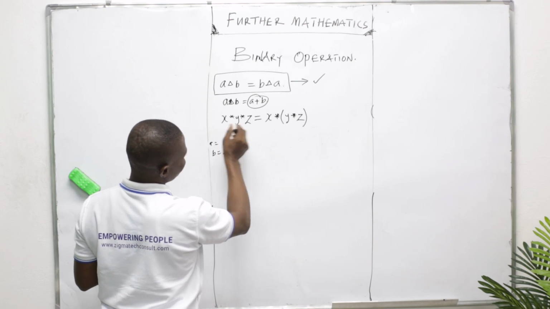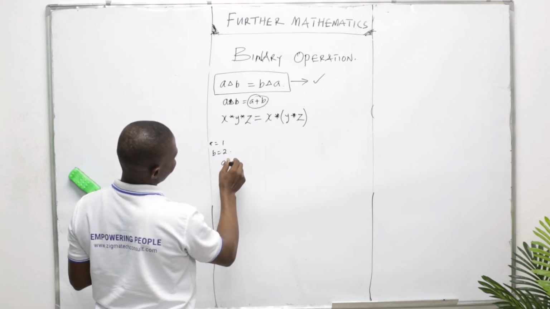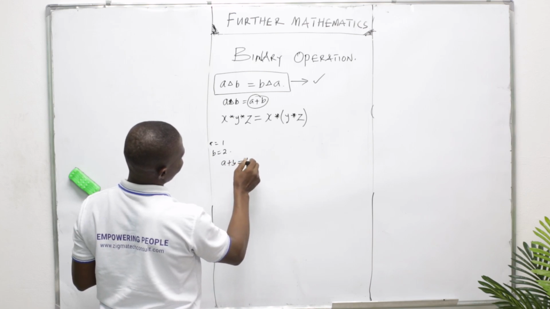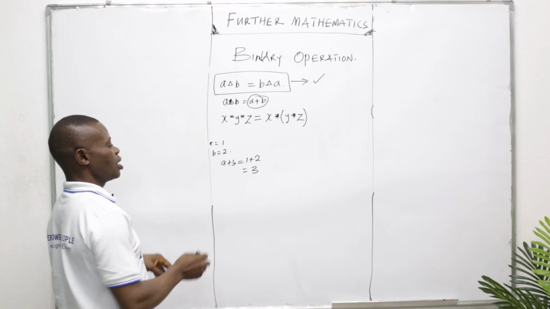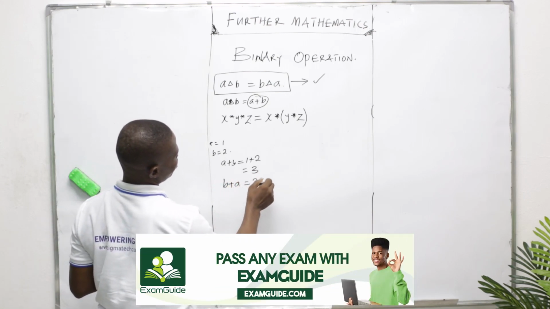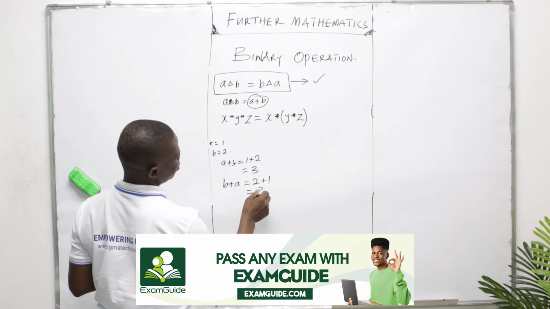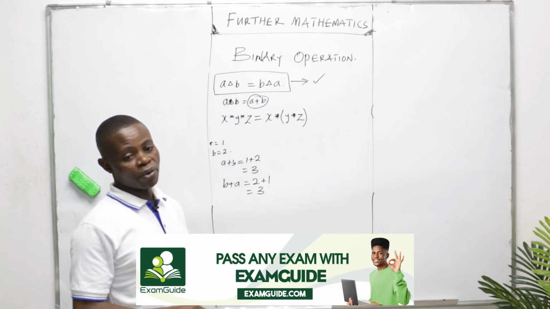Now let's check this. A plus B equals 1 plus 2, which will give us 3. Then B plus A equals 2 plus 1, which will give us 3, meaning they are commutative over the operation.